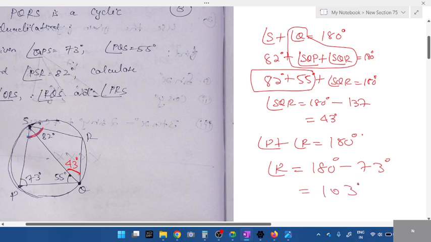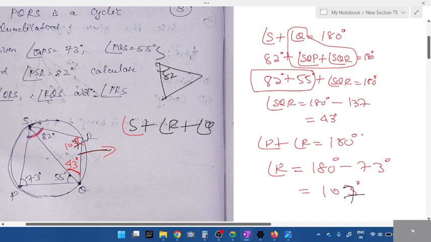What's the answer? 103. Or can we use the sum of interior angles for this? All of you respond. Angle S plus angle R plus angle Q. Can we apply the sum of interior angles? Sorry, 107.